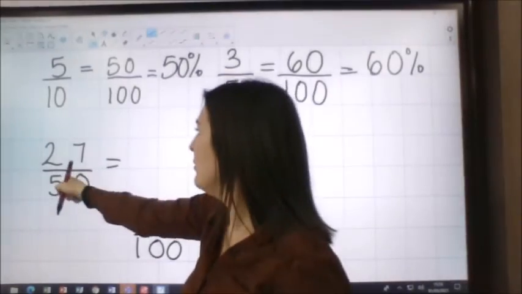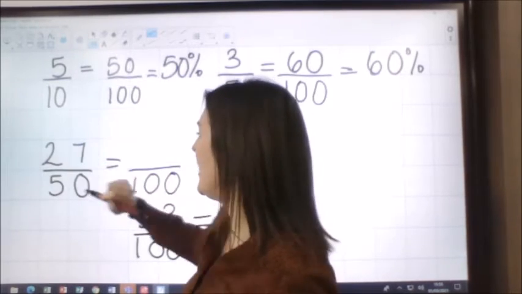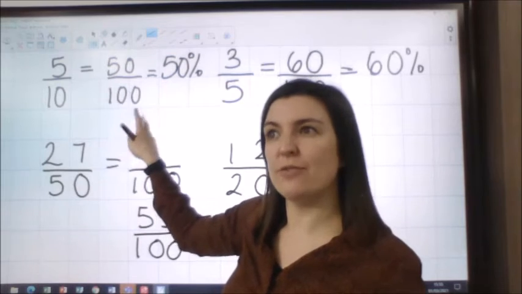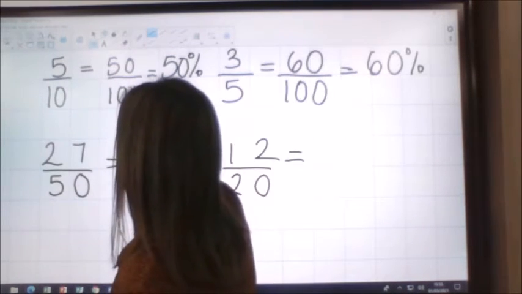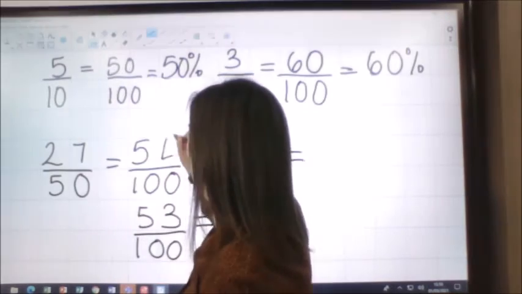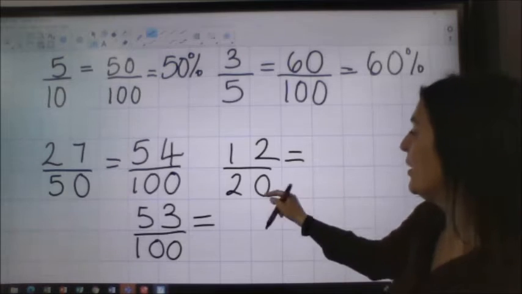Okay, this one I would just double them. So 100 and then 27 multiplied by 2. So 20 is 40. That one would be 54. And then this one, 20 on the bottom.